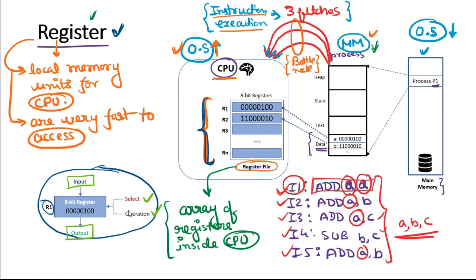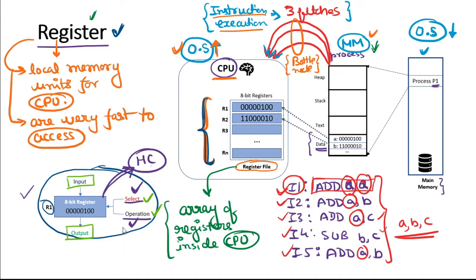Since this is a hardware component, it has these two signal lines coming from the control unit: a select line and an operation line, mentioning when exactly the control unit enables this register, and which exact operation to perform at that particular time when it is being enabled. So yeah, this is a register.